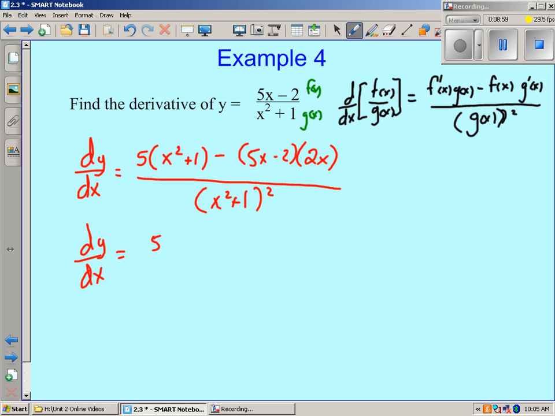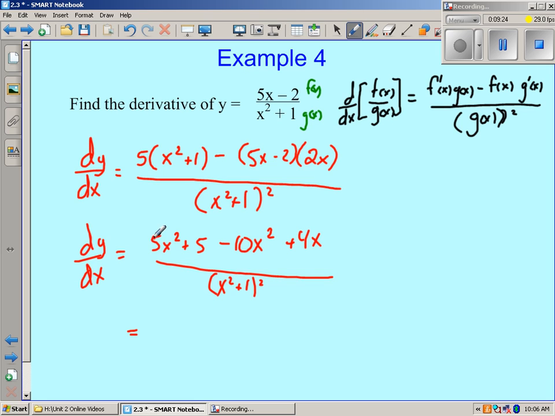And then this guy gets distributed also, which gives me a negative 10x squared and a positive 4x. And so now, if I have any like terms, I can combine them together, and the bottom remains the same. It looks like I've got 5x squared and a negative 10x squared.